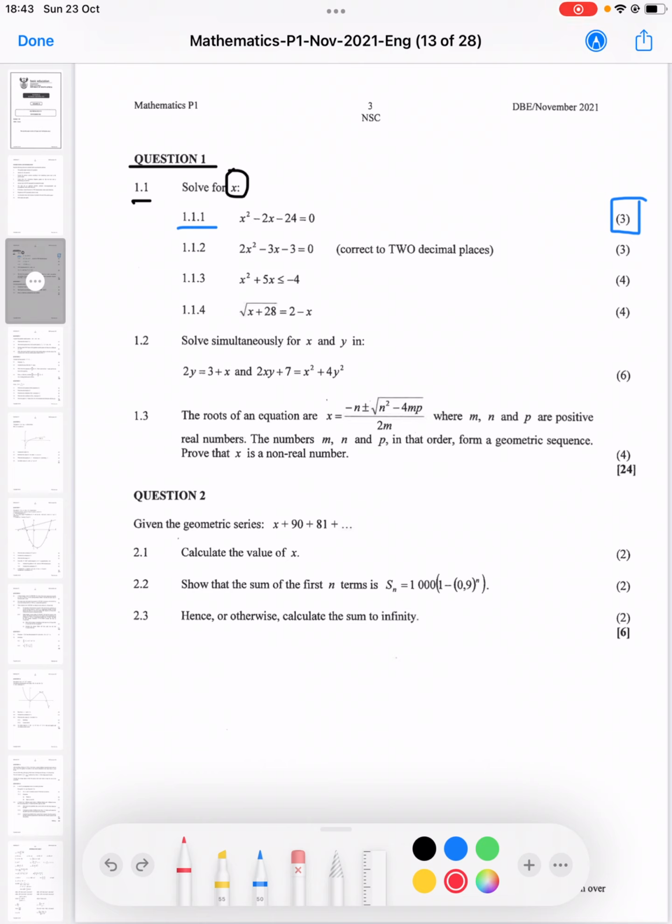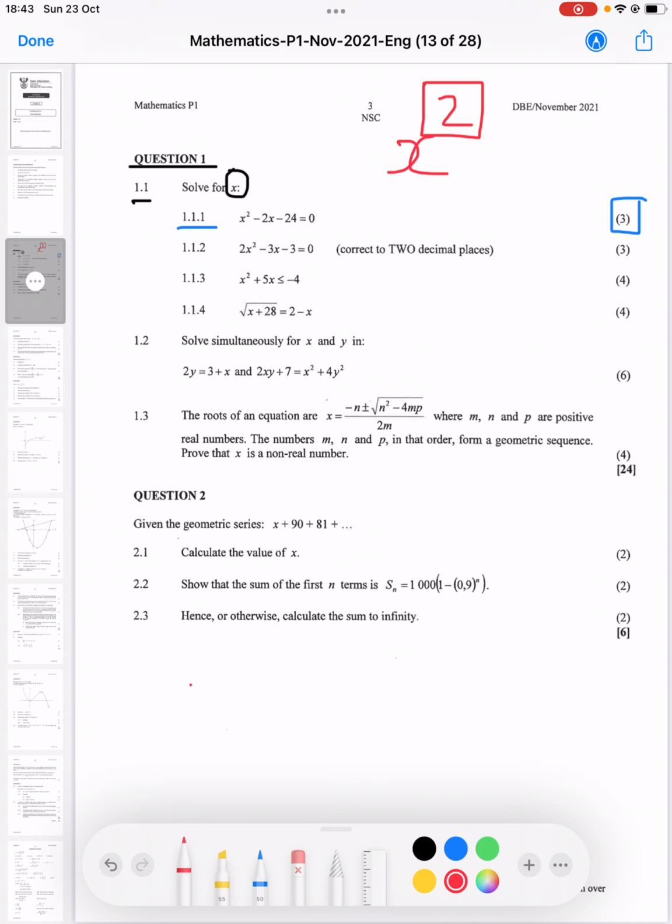So this type of math problem is what we call a quadratic equation. What makes it a quadratic equation? It is because of having the power of 2. Any equation having a power of 2, we call a quadratic equation.